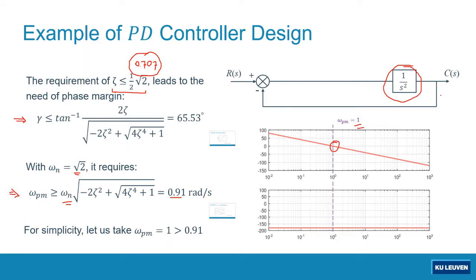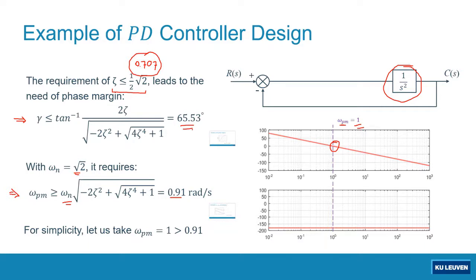The point is that at this phase margin frequency at 1 radian per second, apparently the phase margin is not 65.53 degrees, right? The requirement is that at that phase margin frequency, the phase margin should be 65.53 degrees or slightly less than that, right?